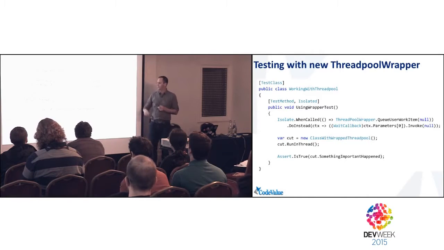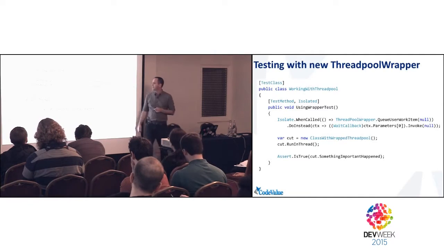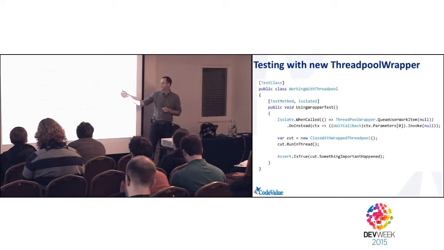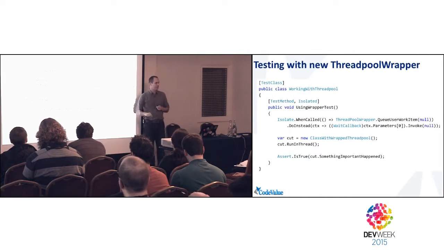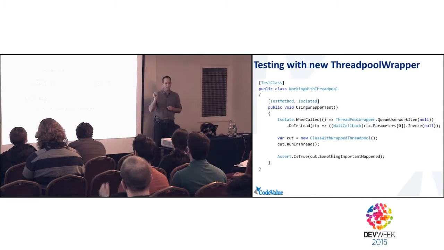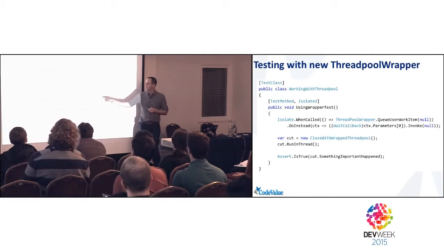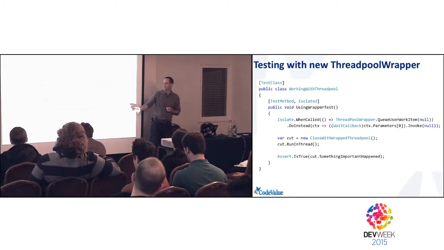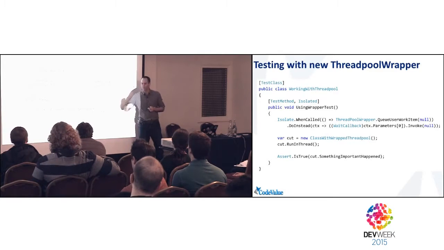And this line essentially says, when someone calls this method, instead of calling the actual code, immediately invoke whatever someone asks you to call. So I get a thread pool that when you say QueueWorkItem, immediately you get that method run. And so in the running thread, I don't run in a thread anymore. I run in a synchronous manner in the same thread, and I get to the last line after it happened.